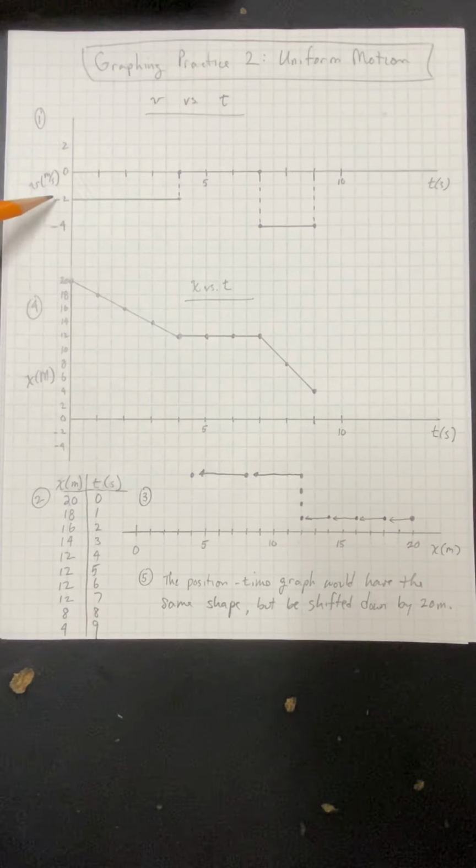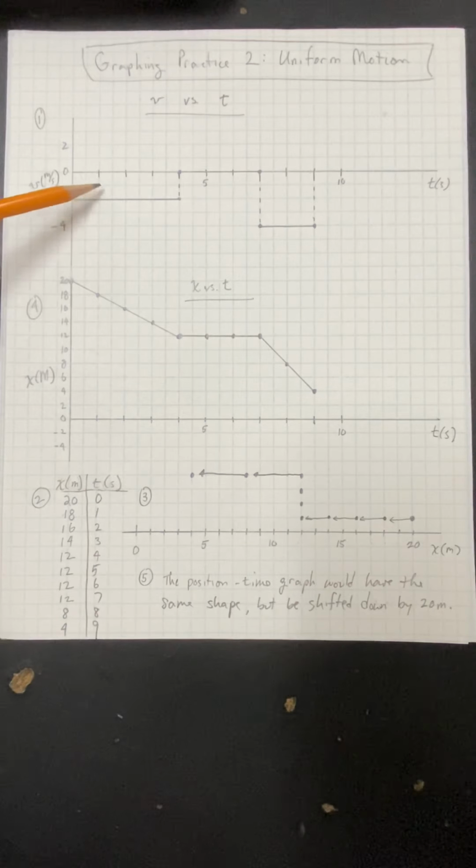And that area would be -2 meters per second times 1 second. This area would be -2 meters. So I know over the first second, the thing went -2 meters, meaning 2 meters to the left.